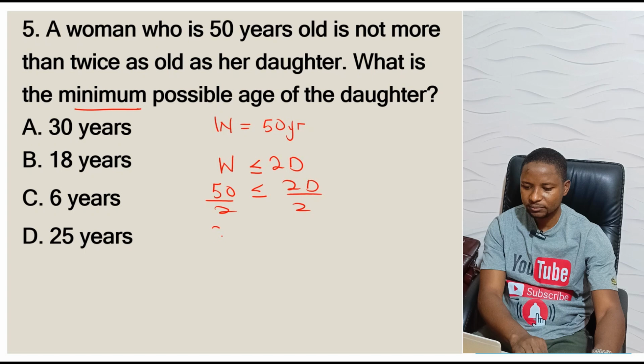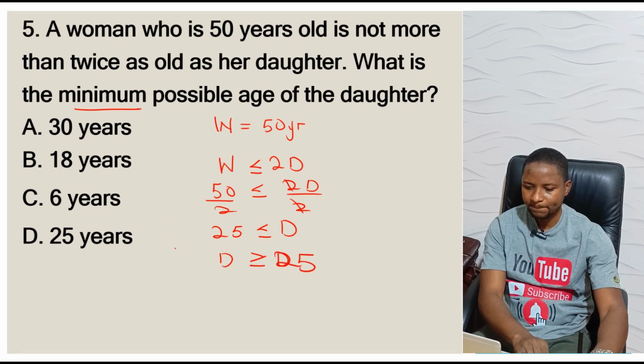Divide both sides by 2, and that will give you 25, less than or equal to D. And when you switch it around, the inequality sign changes direction: D is greater than or equal to 25.